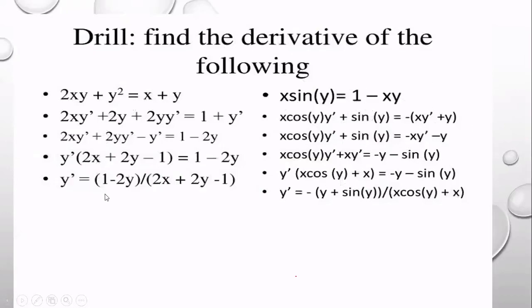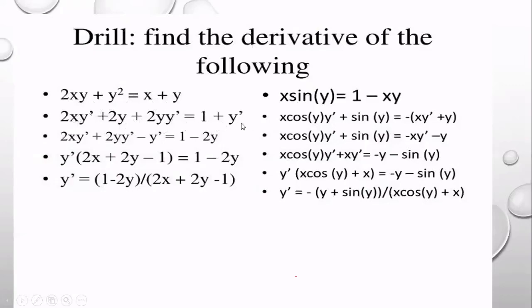Simple partial derivative. Find this, this is the implicit differentiation. Hello, this is the implicit differentiation, not partial. I will give you a partial later on. Implicit differentiation exercise. Go for this and find out y dash. Y dash is the derivative.